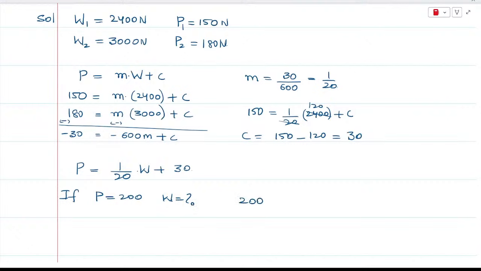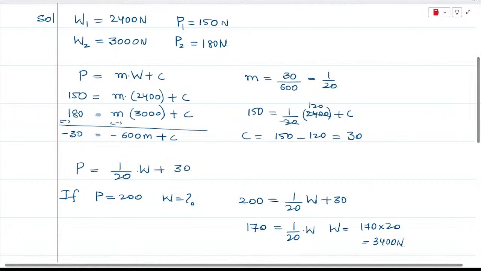So 200 equal to 1 by 20 times W plus 30. If we subtract, this will be 170 equal to 1 by 20 times W. So W is equal to 170 into 20, which is 3400 newtons of load that can be lifted.